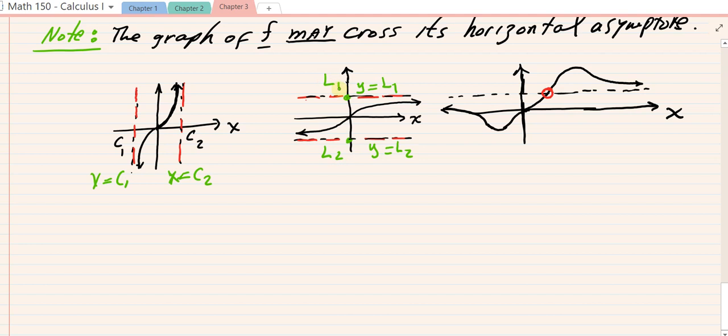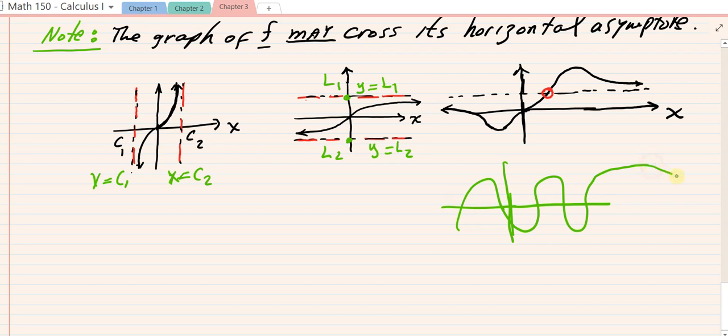Now, if we look at this last graph, this is a case where I have a single horizontal asymptote, and I'm allowing for the graph to cross the horizontal asymptote at one point. It could cross at 2 points, 3 points, whatever. Doesn't matter. I could have, for example, a function that might do this several times, and ultimately it will stabilize. There you go. That could be the horizontal asymptote.